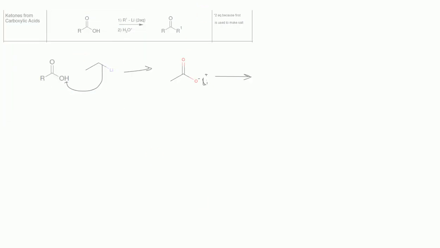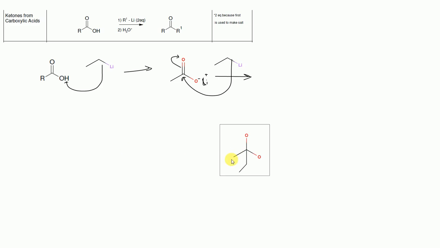Alright, so we repeat it again, and now I have this salt, and now all that's left is the carbonyl. So this is going to come, not very pretty, this is going to come and attack the carbonyl. Okay, and so what I get, sorry, every time I draw it and I pause the video, so this is the first salt, and this is the second salt.